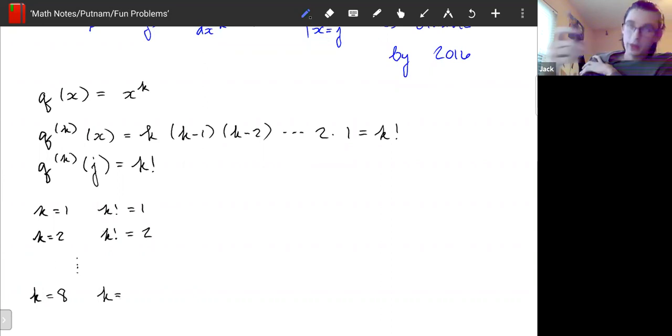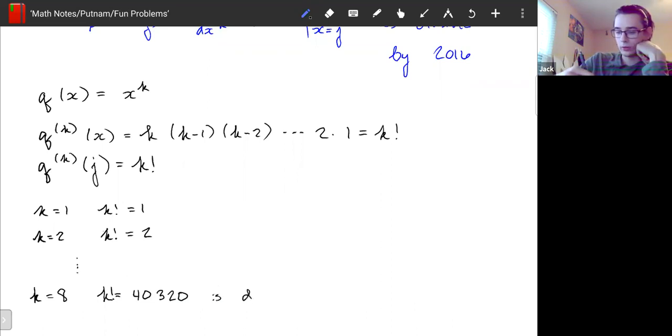So at k equals 8, we have this number right here, right? So that's k factorial. And this right here is divisible by 2016, right?